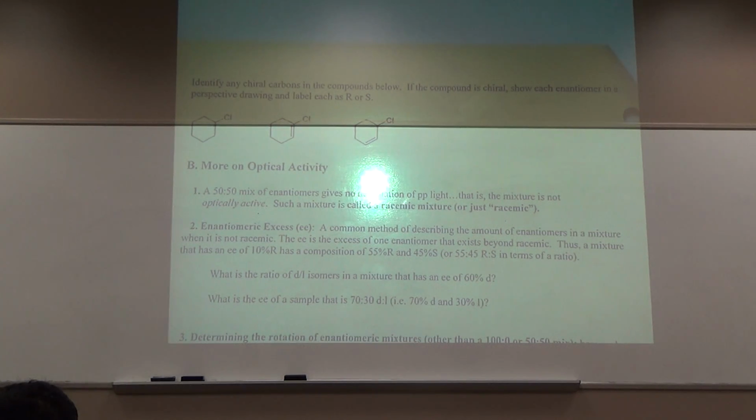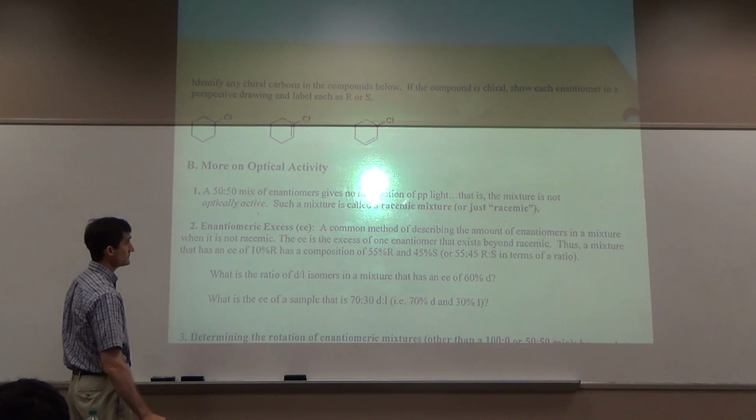So if I ran the polarimetry of this and got no net rotation, first off we would say it's not optically active. That means it didn't do anything. But does that mean that my molecules are not chiral? Not necessarily. It's either an achiral molecule or I got a 50-50 mix of chiral molecules.